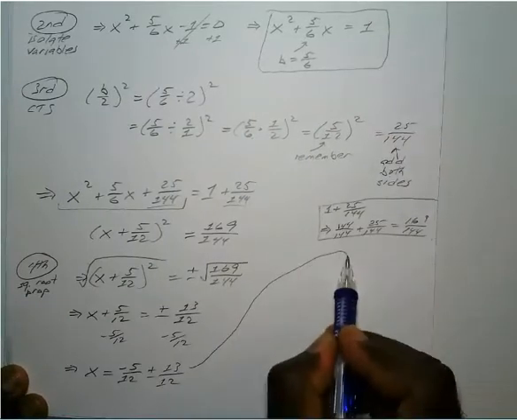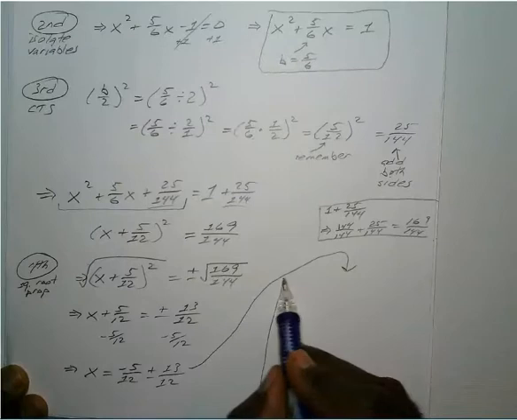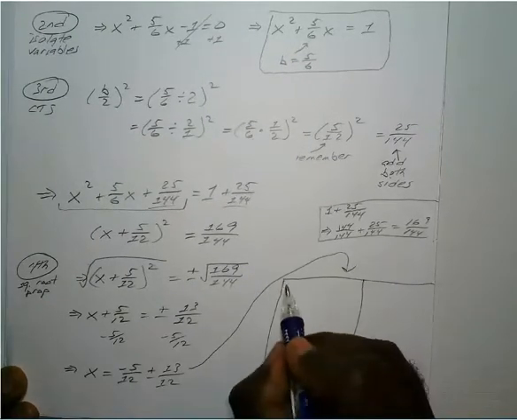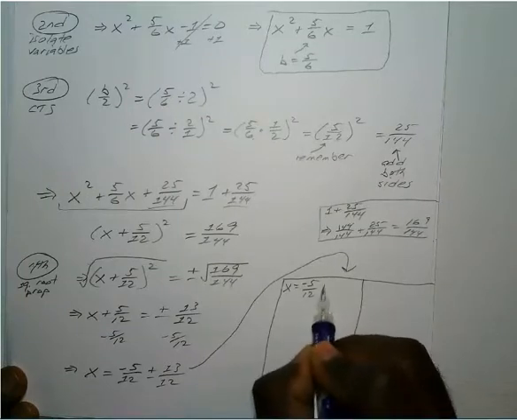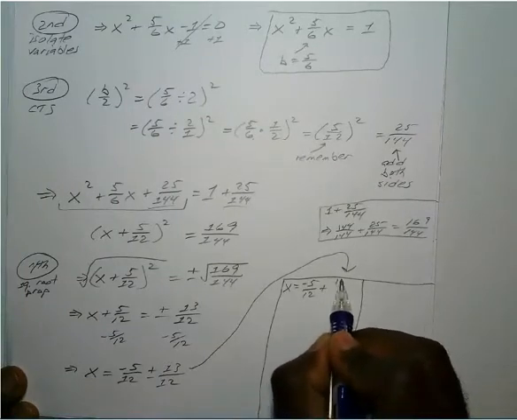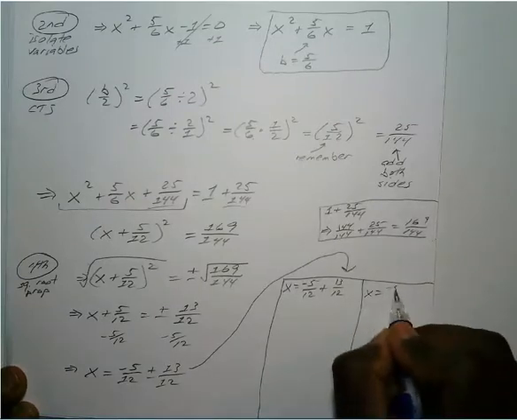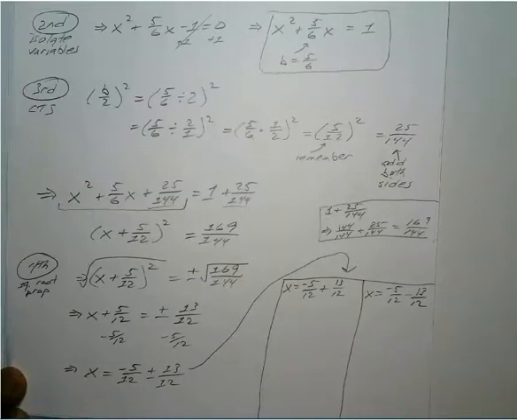So what we're going to do is we're going to put that right here. So we have x equals negative 5 over 12 plus 13 over 12, and x equals negative 5 over 12 minus 13 over 12.